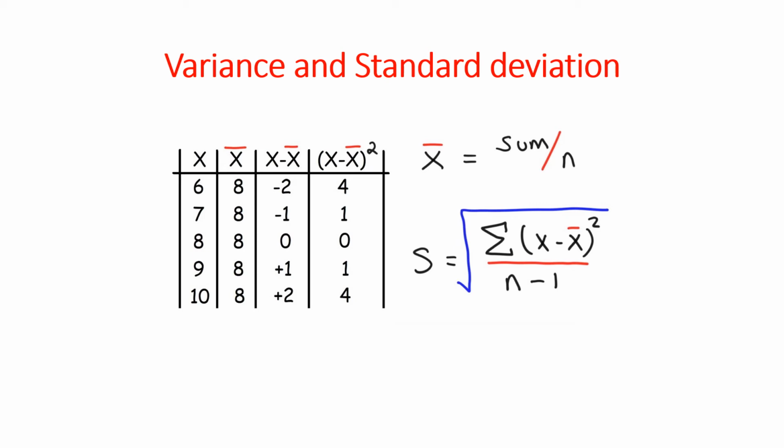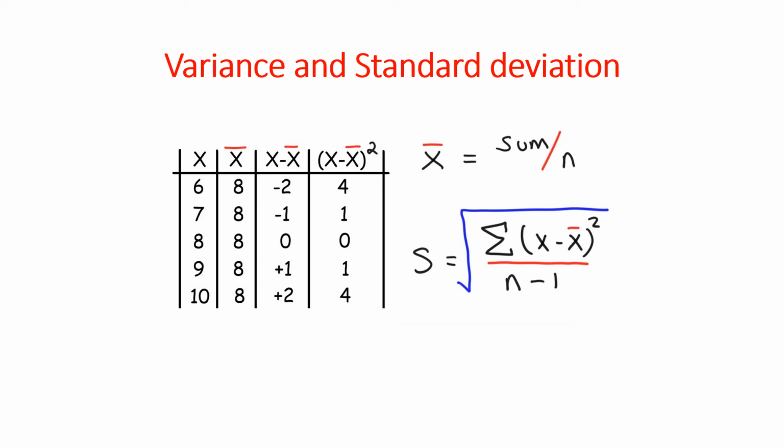However, one disadvantage of variance is that the variance is in square units. So you square everything, and then the value you get is not in the original data unit.